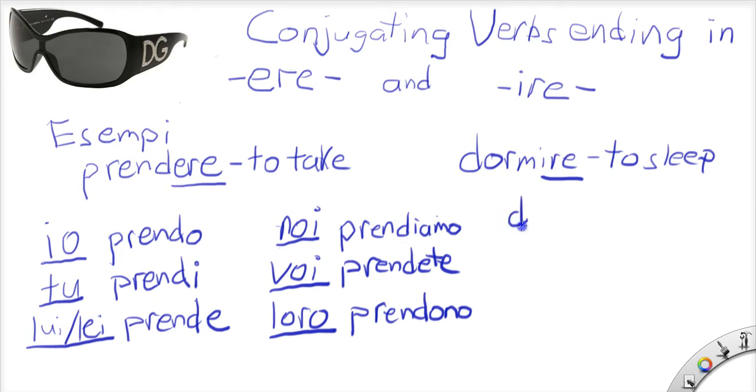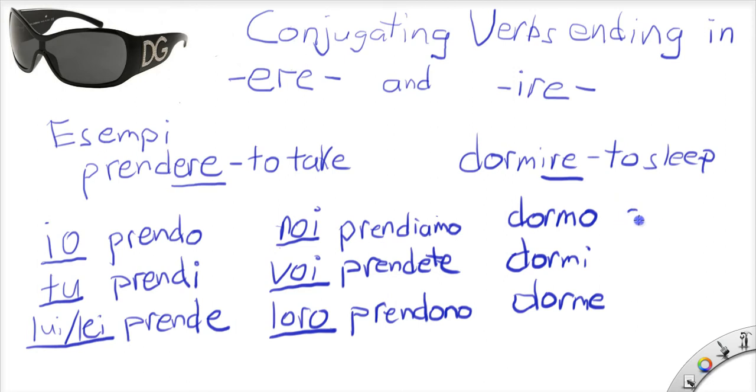Okay, so the io form we're going to drop off the IRE, and we're going to add an O again, dormo. The tu form, dormi. The lui-lei form, dorme. Is anybody seeing a pattern here? The ERE and IRE verbs share the same endings in the singular, O, I, and E.